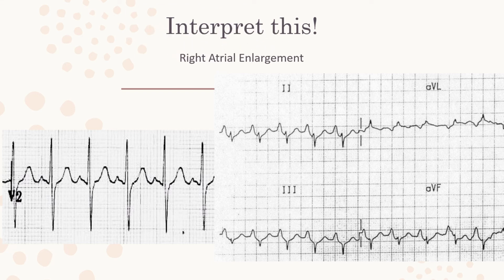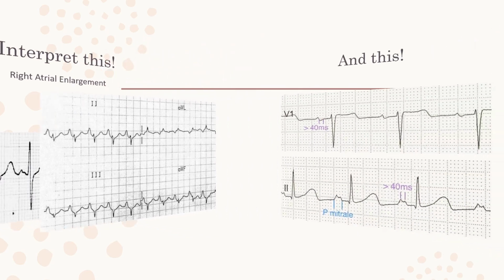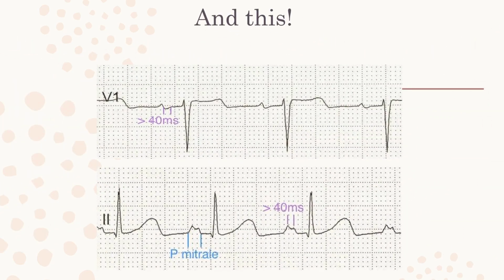And so they're calling this one right atrial enlargement. This one is a little bit suspicious. And then here we can see, oh, there's a classic one with this P mitrale.